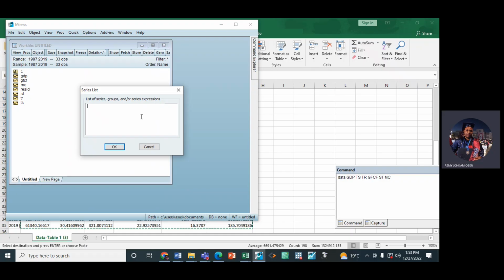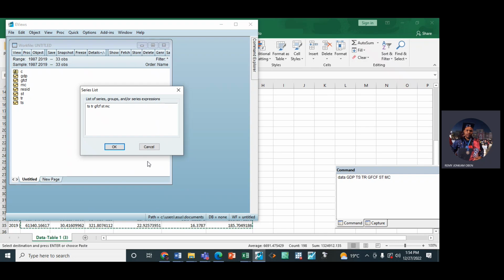You are right. Yes, so just type out the variables you want to check correlation coefficients for, excluding the dependent variable. For instance, I'll just type TS, TRO, gross fixed capital formation, ST, MC. That's all.